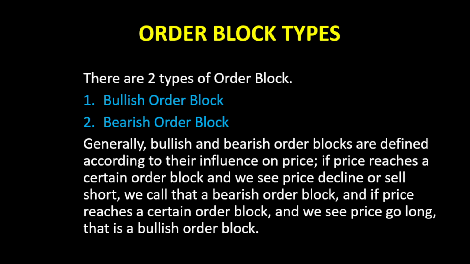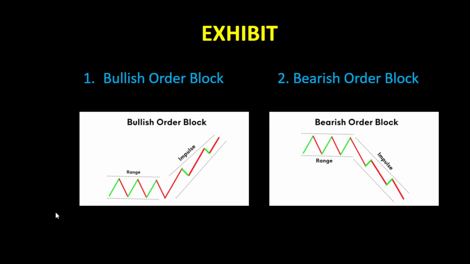Correct? Let me show you in this exhibit. Bullish order block, you can see range, consolidation, an impulse move to the upside. At this point, price must have printed a bearish candle before a strong bullish candle. This one, breaking out the structure.